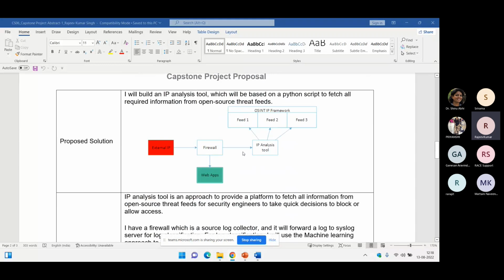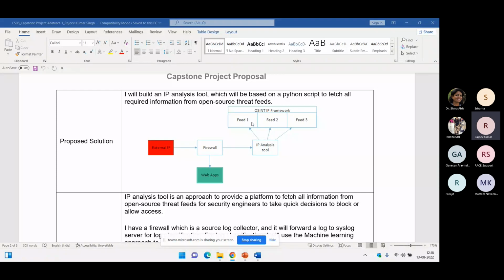Now, the proposed solution is that I'll build one IP analysis tool. This will be completely based on open source threat intelligence, and it will fetch multiple threat feeds using an OSINT framework.